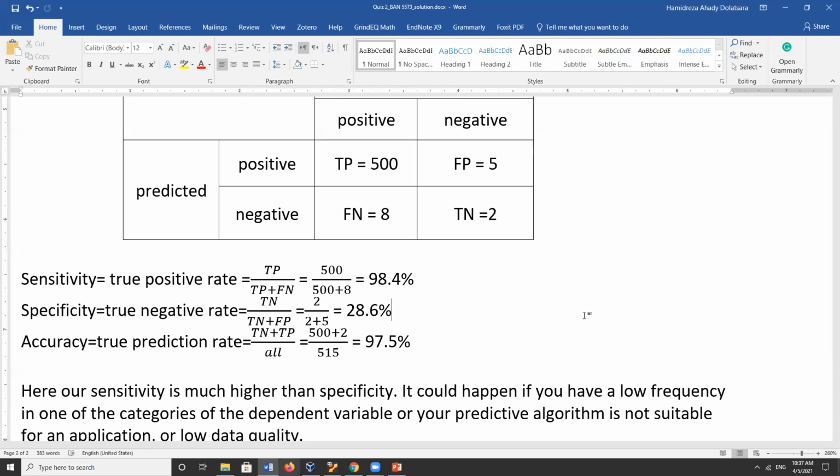In medical, positive means you have a problem, but negative means you don't. So in medical cases, usually you have too many negatives, just a few positives. So probably your model is very bad at predicting positive cases, but good in negative cases.